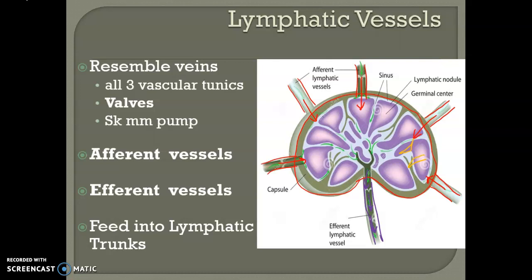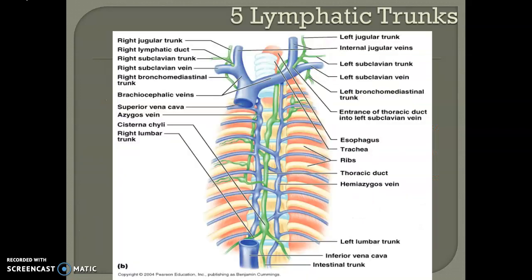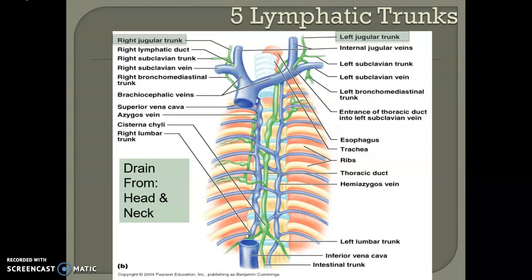Alright, moving on to lymphatic trunks. Lymphatic trunks are formed by joining lymphatic vessels, and for testing purposes, I would just mention the names of the trunks that you need to know. First, we will start with left and right jugular trunks, and the jugular trunks drain the head and neck region of our body.